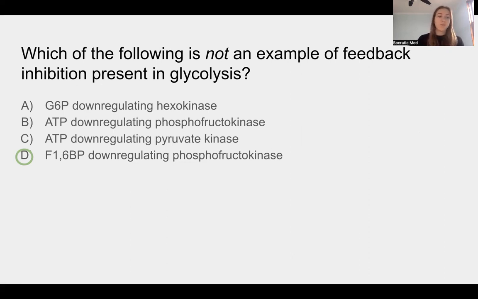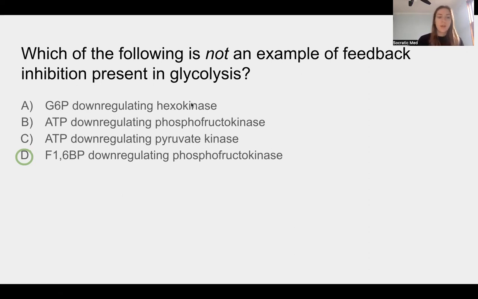Fructose 1,6-bisphosphate is actually earlier in the process of glycolysis than phosphofructokinase. So that's an example of positive feedback or feed-forward activation. Fructose 1,6-bisphosphate will actually upregulate phosphofructokinase, whereas G6P, ATP, and ATP again are all later products relative to their counterpart in these answers.